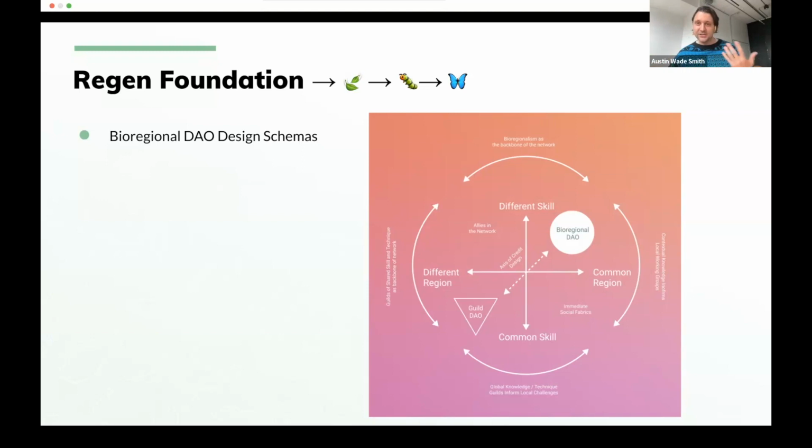And how can the interaction of those two be generative towards new kinds of methodologies and new kinds of partnerships and spinning up new projects? So we'll be discussing some of the frameworks with which community staking DAOs might be formed and how they might interact, because I think one of the core ideas for a long time in Regen Network has been around bioregionalism and bioregional hubs, and we're trying to take that seriously as a part of this process.